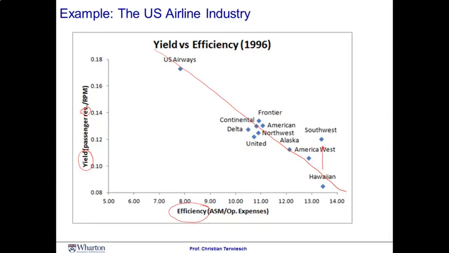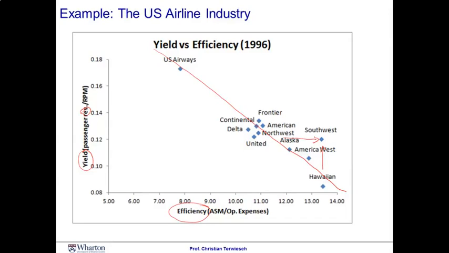Southwest has been able to achieve a much higher productivity compared to the big legacy carriers, and thereby has been able to shift the frontier, largely done because of their clever labor productivity, something that we will analyze later on in this course. You also notice how Hawaiian Airline has been able to achieve a similar productivity, largely because of their small route network, but has not been able to command the high prices relative to Southwest.